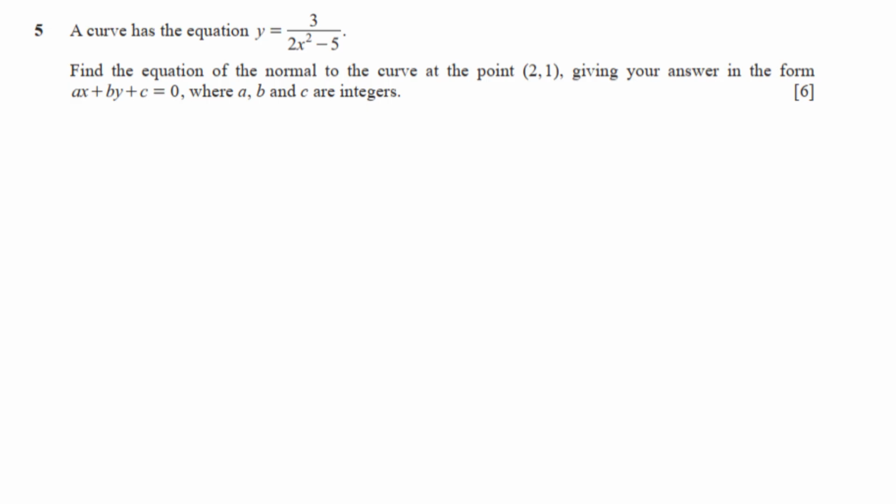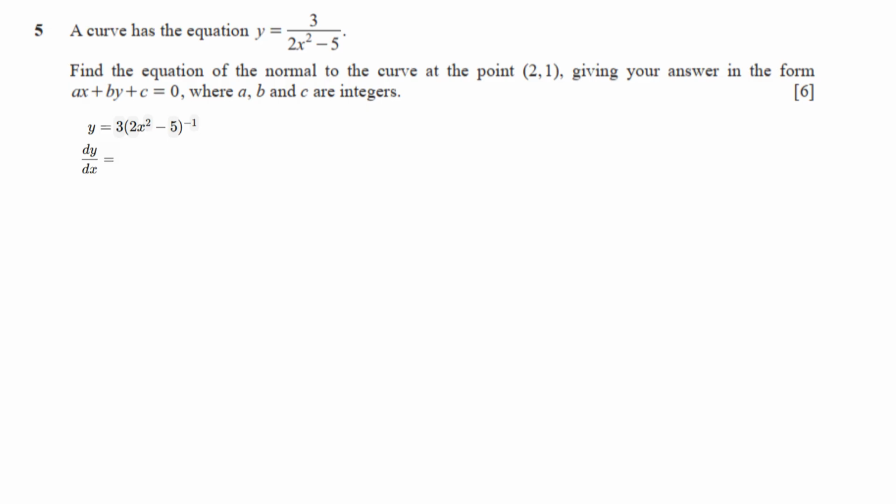Next, here a curve equation is given. Y is equal to 3 divided by 2x square minus 5. Let's rewrite this as y is equal to 3 times 2x square minus 5 the whole power negative 1. Now differentiate this to find the gradient of the tangent.